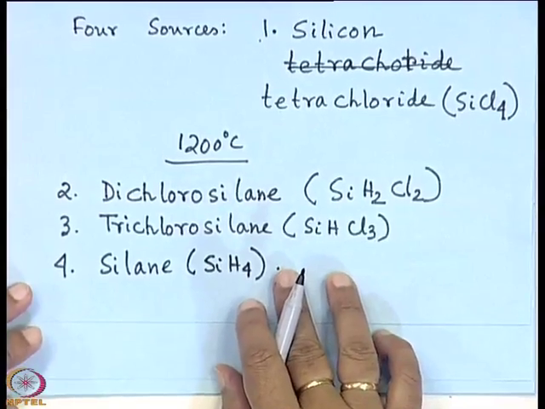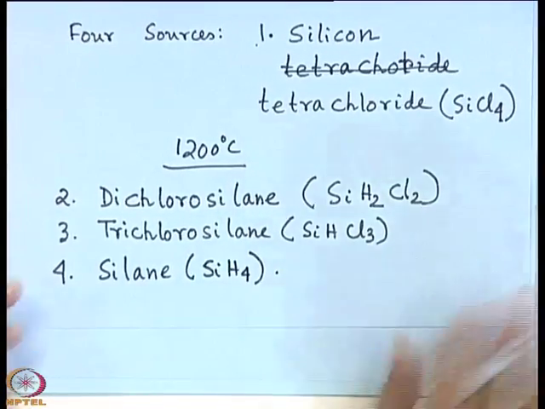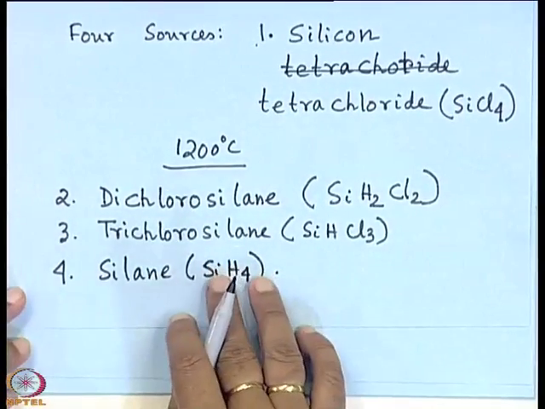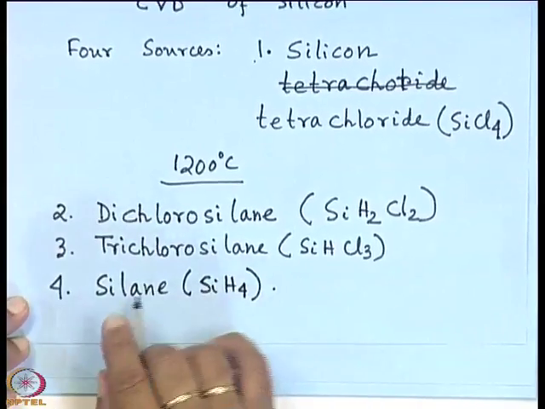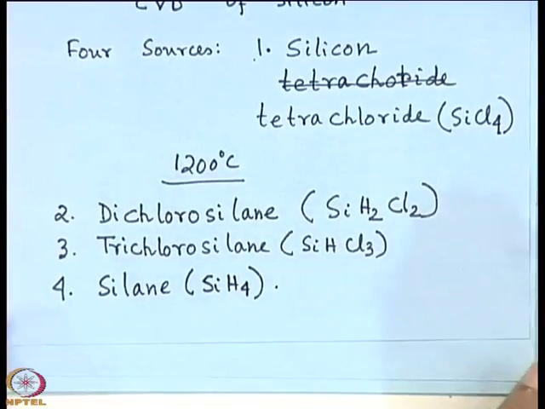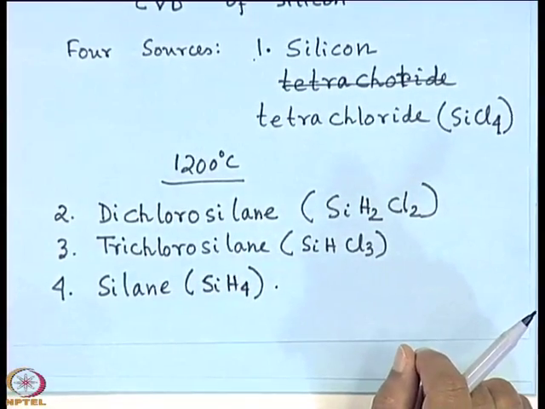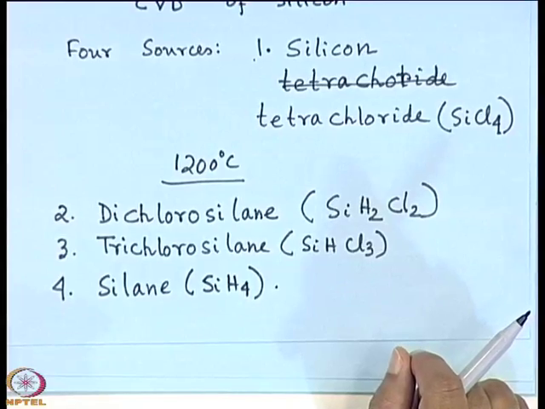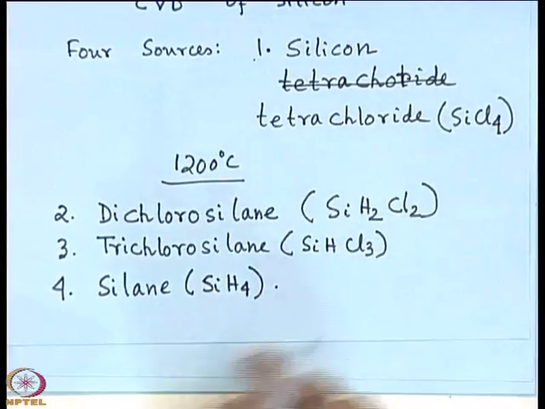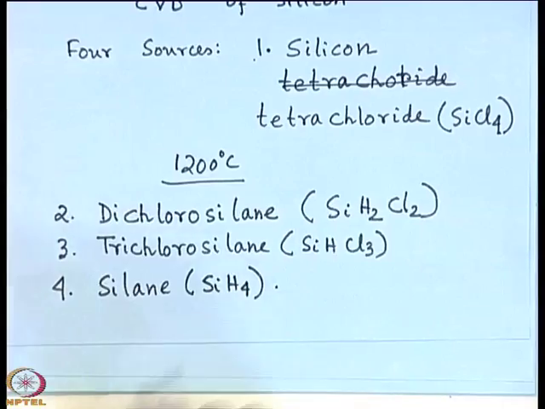So, these are the 4 important sources. One is silicon tetrachloride, another is dichlorosilane, number 3 is trichlorosilane, and so on. SiCl4 is the silicon tetrachloride.